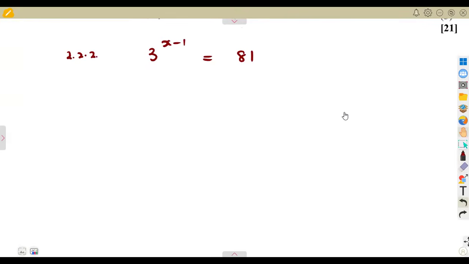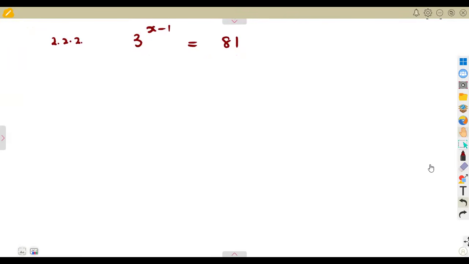Whenever you're given this type of equation, where you have a base raised to an unknown exponent, which is x, try by all means to have a base raised to a certain exponent equal to the other base raised to another exponent.